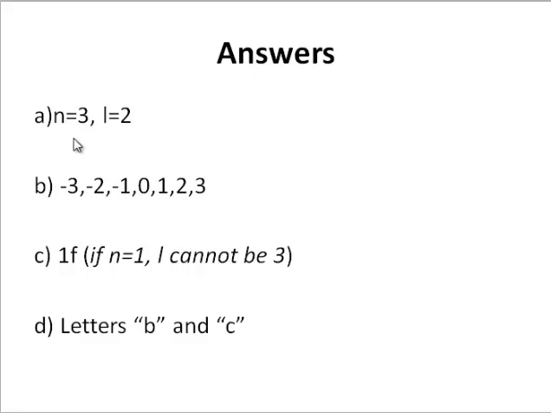A 3d subshell has n equals 3 and L equals 2. If L equals 3, the possible values of m sub L are -3, -2, -1, 0, 1, 2, 3. This means there will be 7 orbitals in a subshell with L equals 3, which is an f subshell.